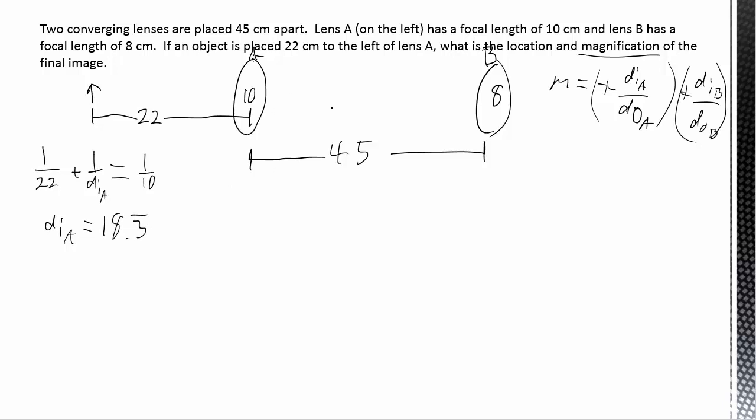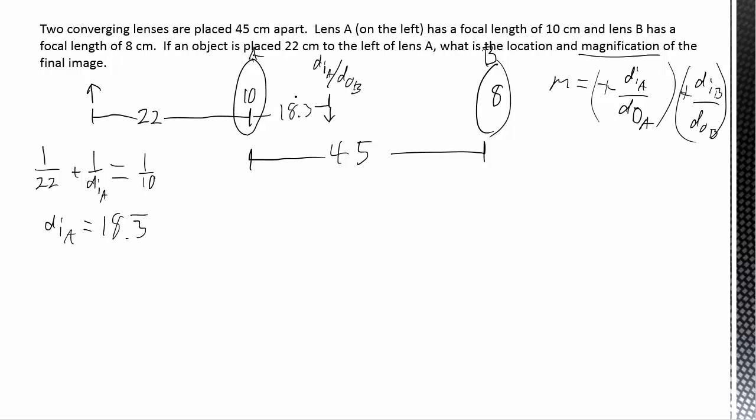So that is a little ways this way. It's going to be inverted. Doesn't really matter, but that distance there is 18.3 centimeters to our image. Now I need to convert this location to a distance with respect to lens B, because this is d_iA, but it's also d_oB.